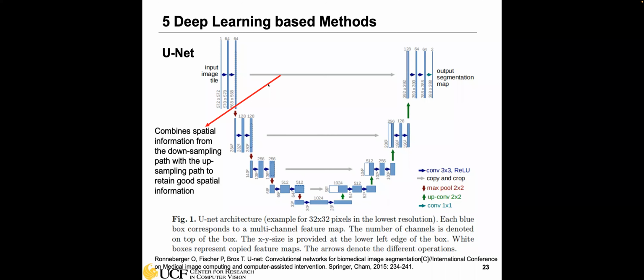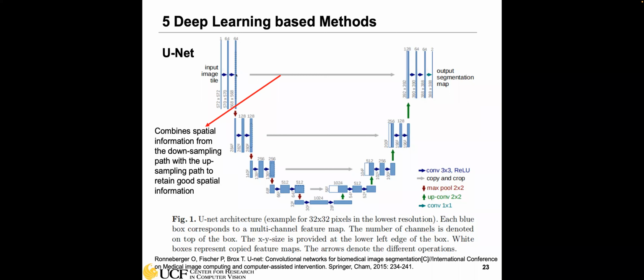One innovative component in the UNet is the skip connection. You have this green arrow that bridges the information from the encoder to the decoder. Let's see what this green arrow is actually doing.